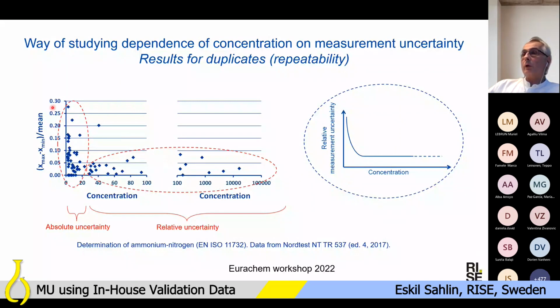This shape is more or less the same as you have here. Here we have just looked at repeatability. It's just a part of the overall uncertainty, but it turns out it's quite a good indication of what the uncertainty dependence looks like. We should see a little more about this in the next slide.